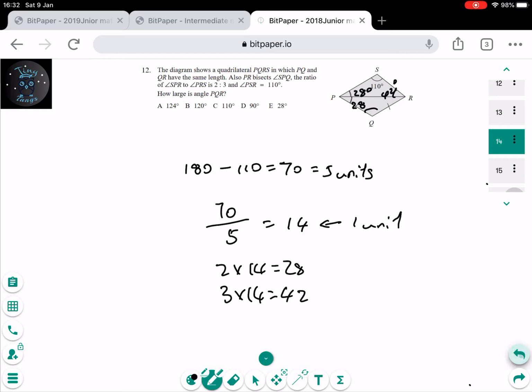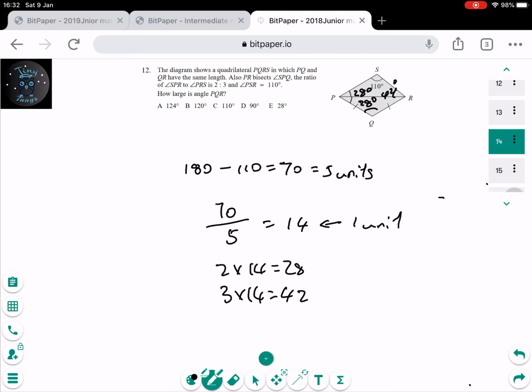Also, sorry for writing over the lines, but you can see that PQR is an isosceles triangle.